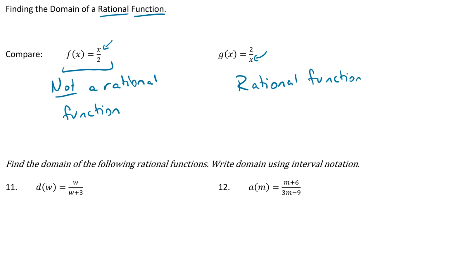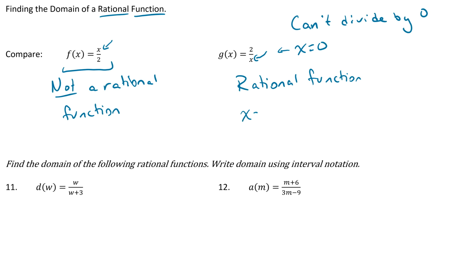Because if you remember, in math, you can't divide by 0, all right? Which means x equals 0 is not something that we can put into this function. Because if we put x equals 0 into there, then that means we're dividing by 0, which we can't do.